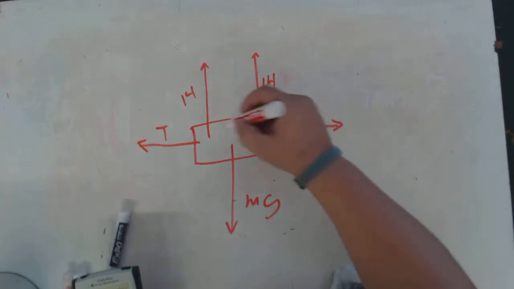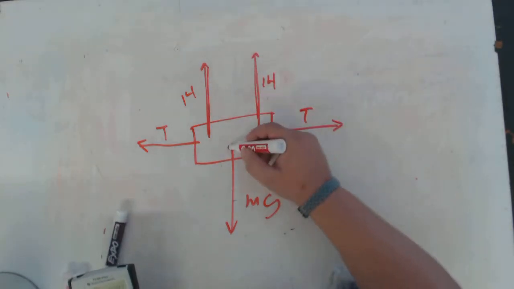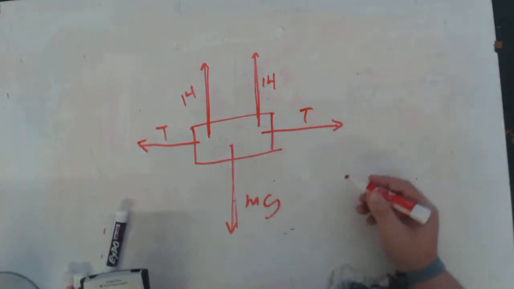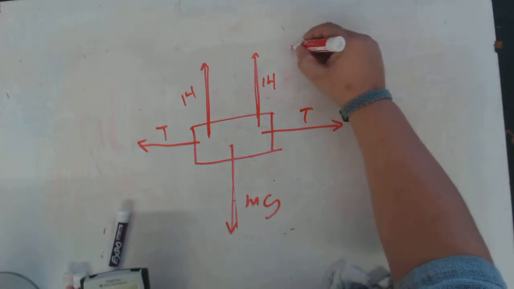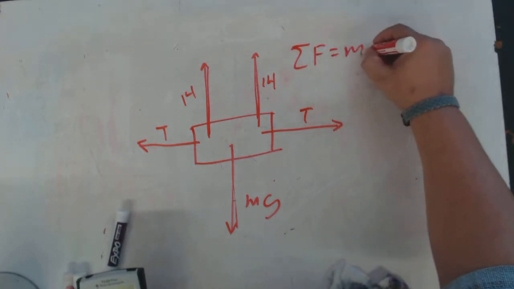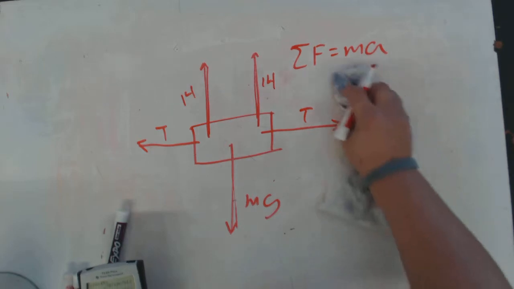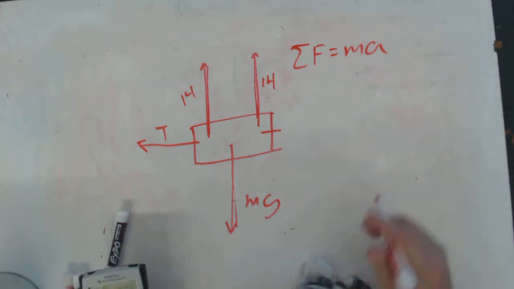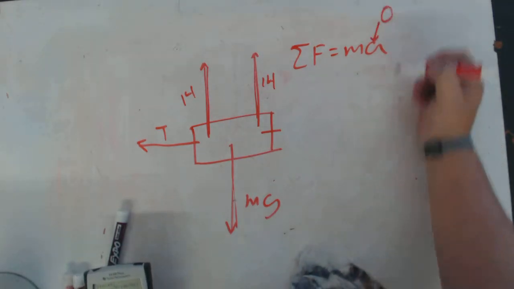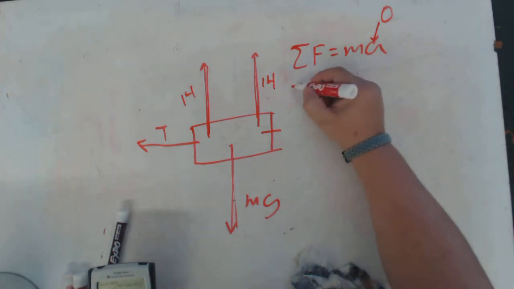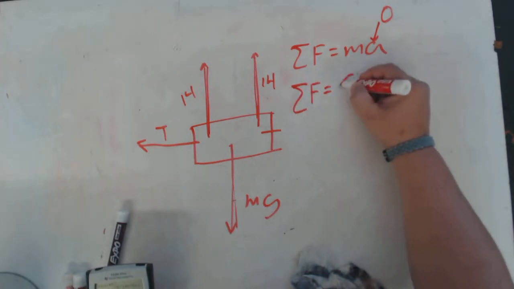Well, that is this vector plus this vector minus this vector is going to be equal to 0. That's Newton's second law. Sum of my forces is equal to mass times acceleration. Hopefully your picture is not falling, so the acceleration is going to be equal to 0. So that means the sum of the forces is equal to 0.